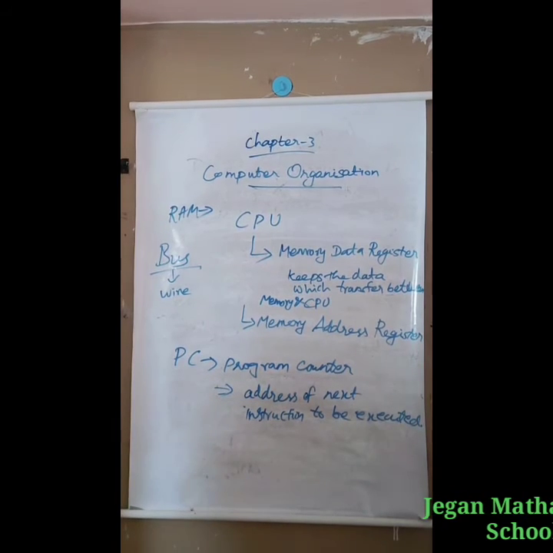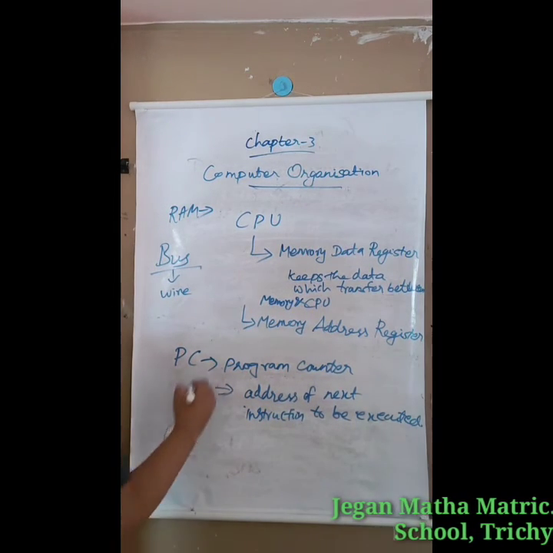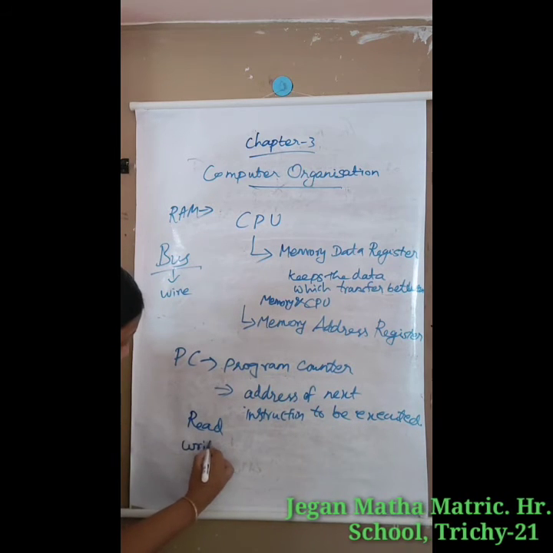The next one is the read operation, which transfers the data from the word to the memory data register. Now we are going to see the two types of operation: one is read, another one is write.